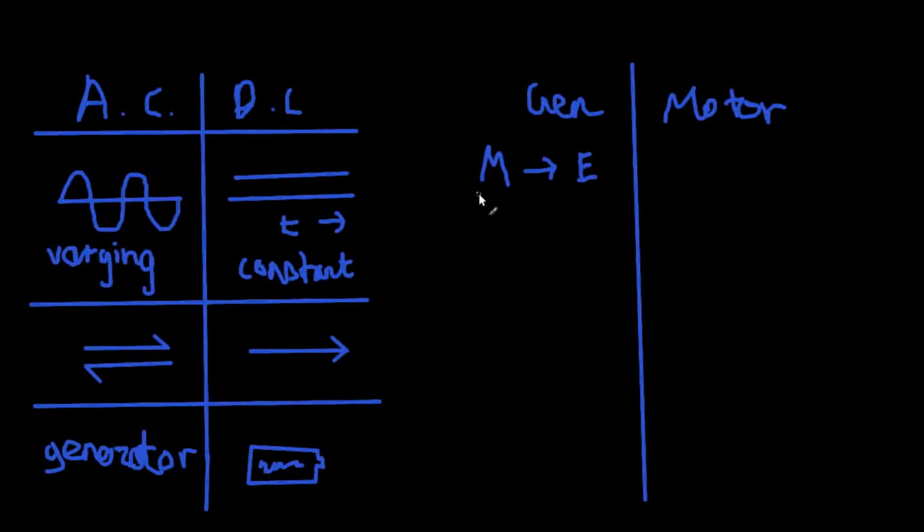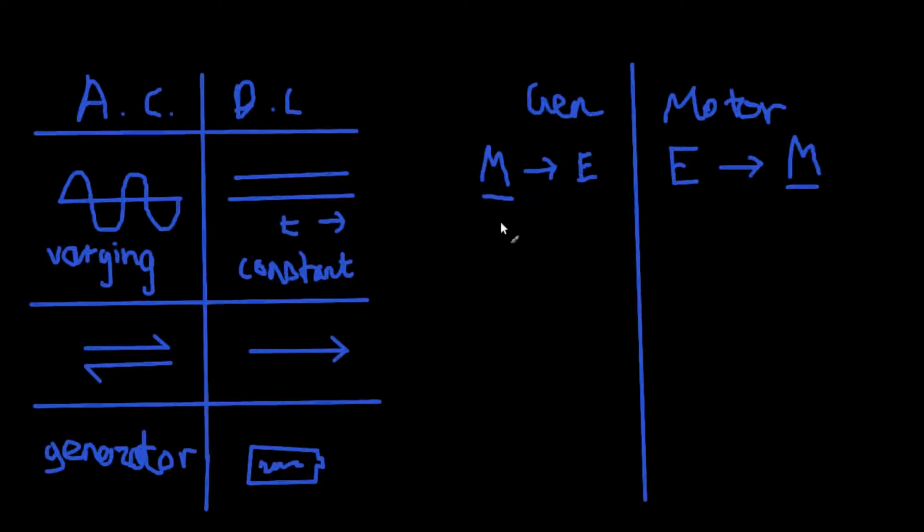So you give it a certain rotation and it gives you back electricity in return. The motor, on the other hand, you give it electricity and in turn it'll rotate that axle over there. So it'll give you mechanical energy back, while in the generator you're giving it mechanical energy.